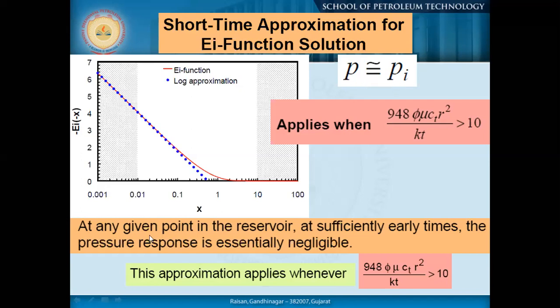At any given point in the reservoir at sufficiently early time, when t is very small, at infinite distance, far away from your wellbore, the pressure is not going to be affected. That's why the approximation applies whenever x is greater than 10.